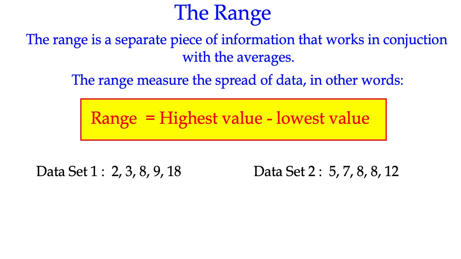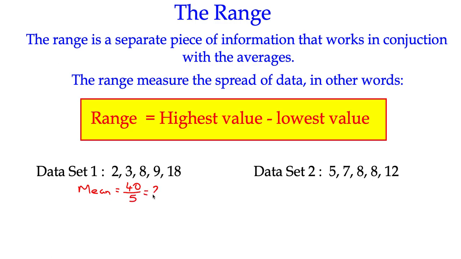If I were to calculate the mean of each of these, the mean of data set 1 is, if I add them all up, 5 and 8 is 13, and 9 is 22, and 18 is 40. The mean is 40 divided by 5, which is 8.